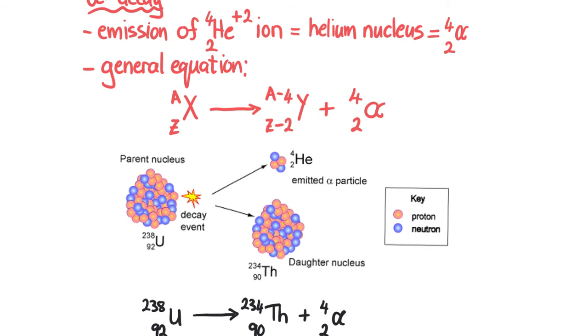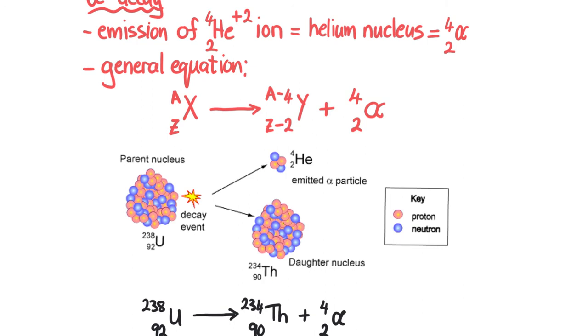So if we take the uranium-238 nucleus, it undergoes a decay event where an alpha particle is emitted, and what is left behind, the parent nucleus, has now become thorium. Why?